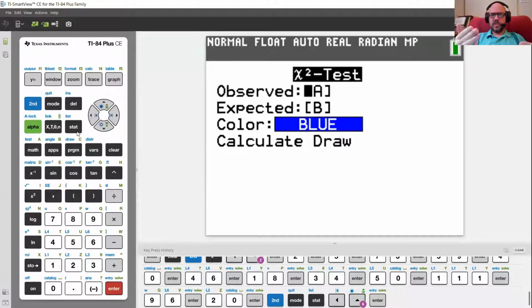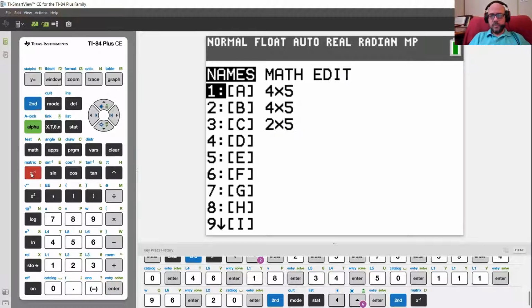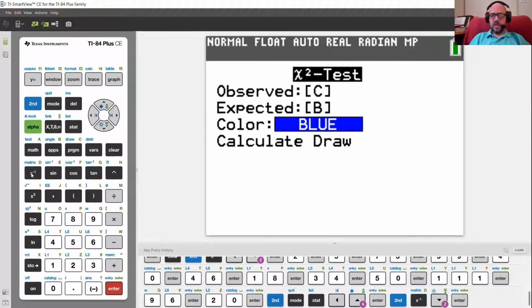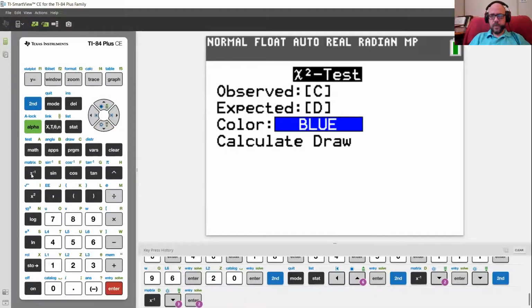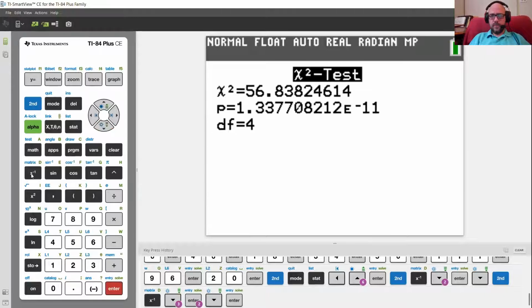So I want to use C and D here for these. So the way I get the calculator to use C and D is now I'm going to have to go back to matrix, and now I want these, right? So I put that into C. So that's where I put observed, and I would like expected to be put into D. So go to matrix, under names, we'll go D, and we will calculate that up.